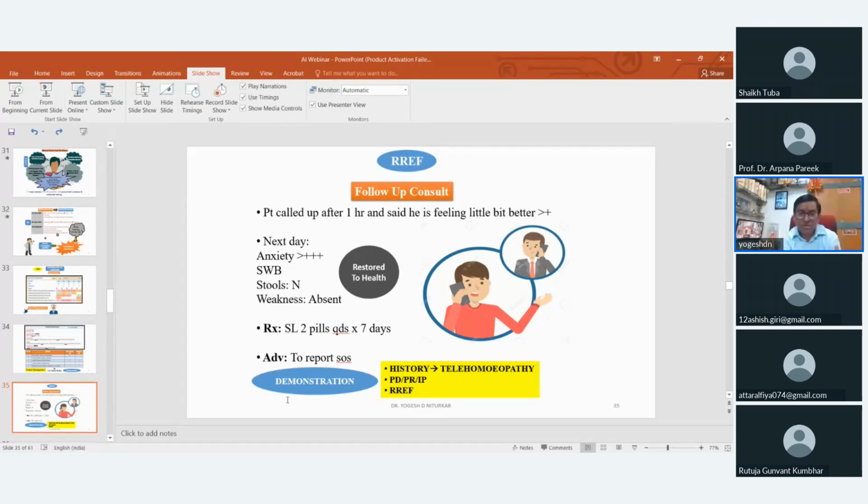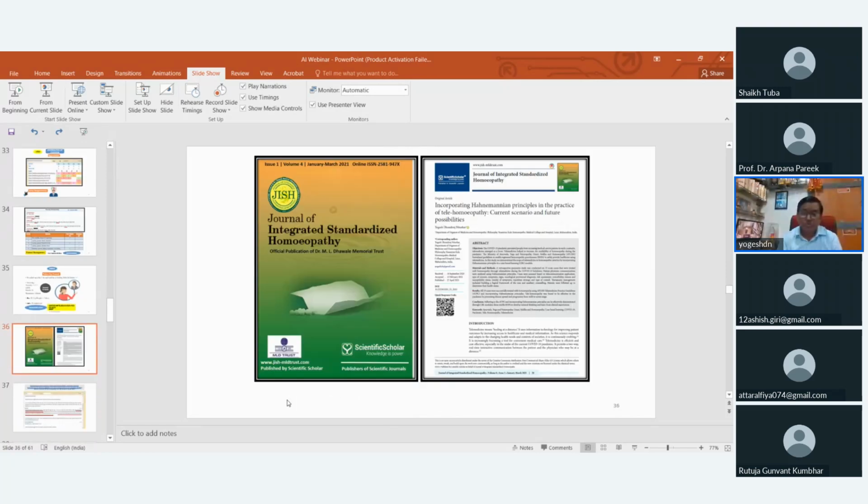So this was a short case, where we had seen how unnecessary repetition can produce symptoms that are related to the same remedy, same medicine. This case was published in the Journal of Integrated Standardized Homeopathy: incorporating Hahnemannian principles in the practice of telehomeopathy, current scenario and future possibilities.